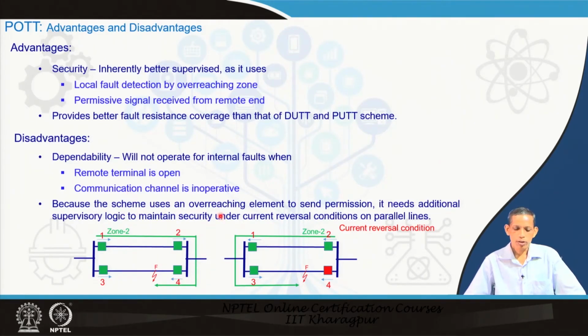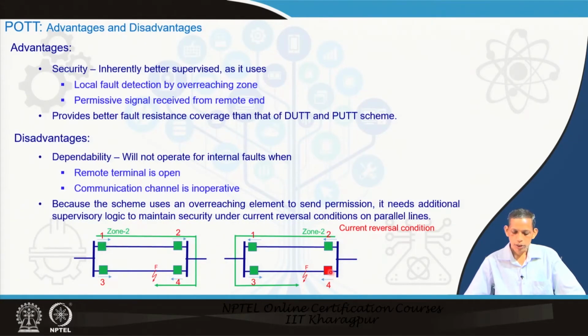Because the scheme uses an overreaching element to set permission, it needs additional supervisory logic to maintain security under current reversal conditions on parallel lines. Earlier we discussed parallel lines. Now, you see the situation, the same one we can explain here, that the fault is here. The fault current path will be like this for the sound circuit.